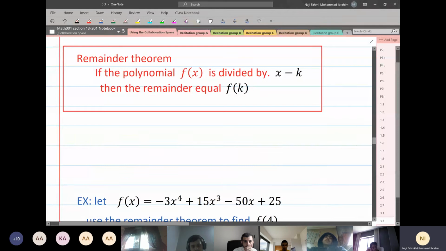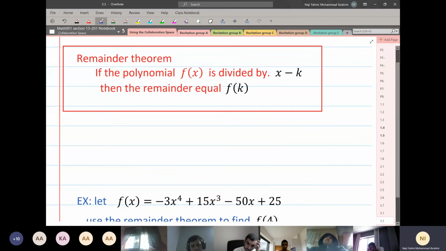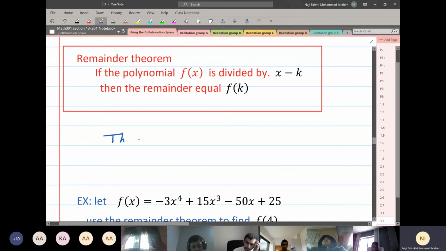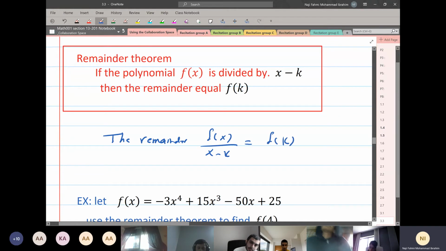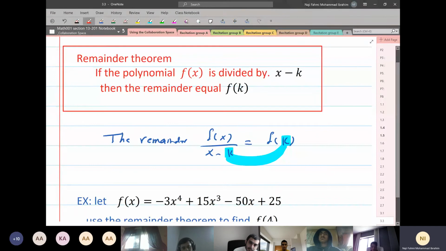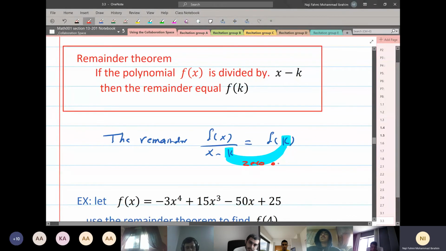We can write it in a different way: the remainder of dividing f of x by x minus k is equal to f of k. Again, what's this k, Shabab? It's the 0 of the divisor. This is called the remainder theorem.